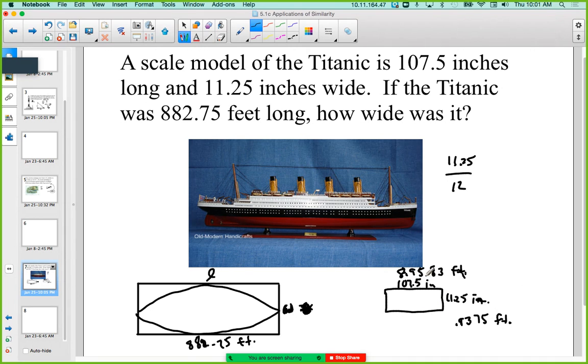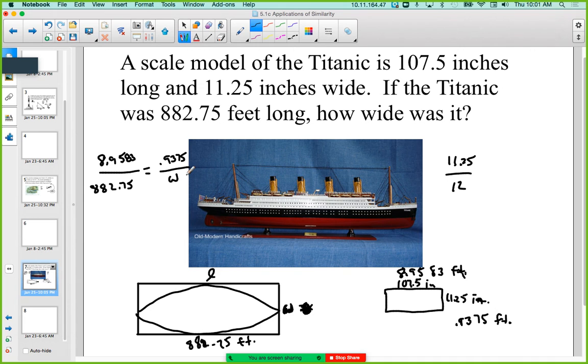So let's see if we can figure out the actual width of the Titanic using these two measurements. So I'm going to compare the length of my model, which is 8.9583, to the length of the Titanic, 882.75, equals the width of my model, 0.9375, to the width of the Titanic, which we don't know what it is.